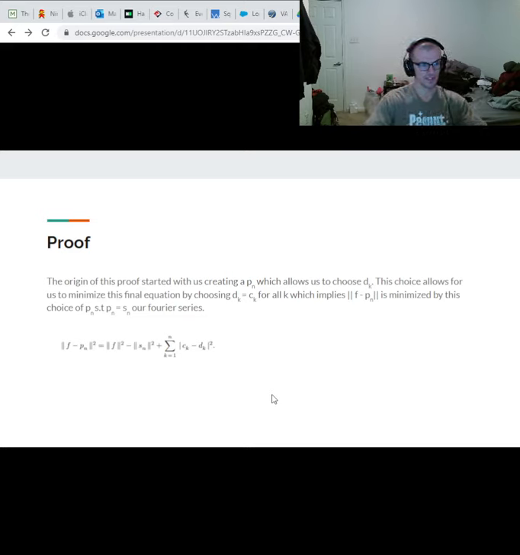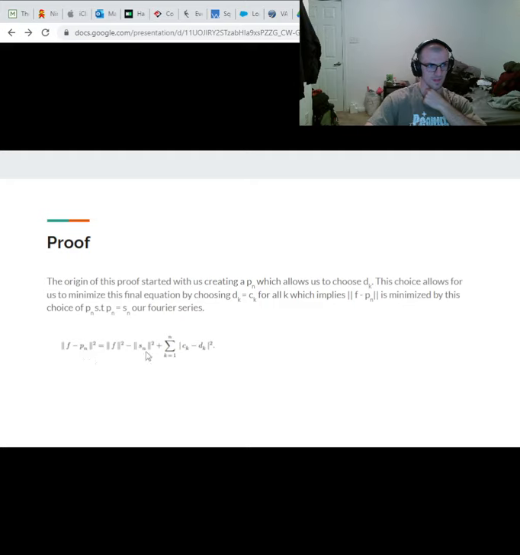Here our devil is giving us an f, and we have to choose a d such that this f is mapped well by our Fourier series. We are trying to choose a d such that d sub k equals c sub k for all k's, which voids out this third term, and we show that within least squares, our Fourier series is the best approximation of f.